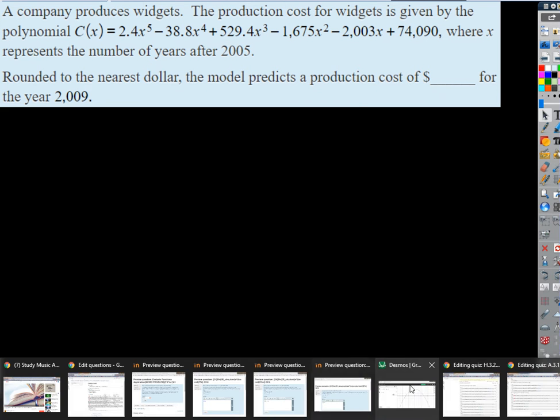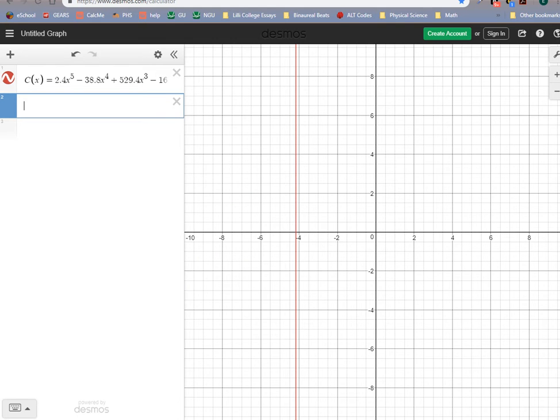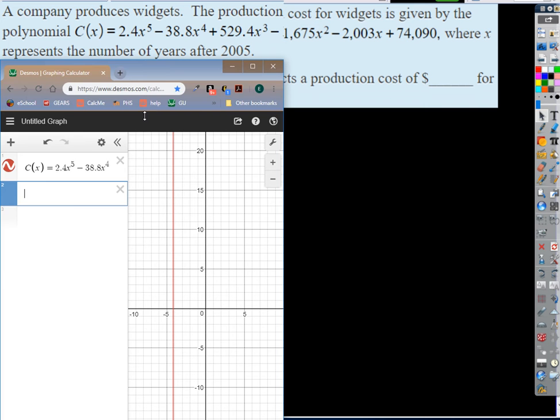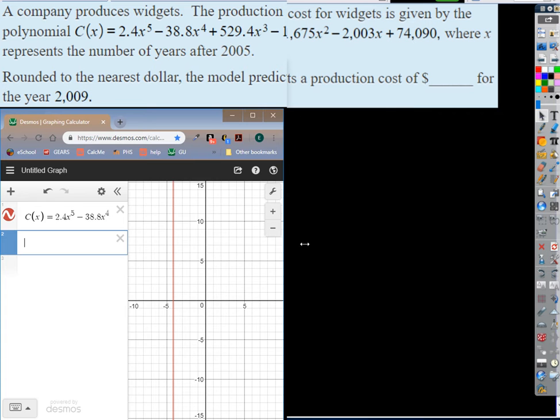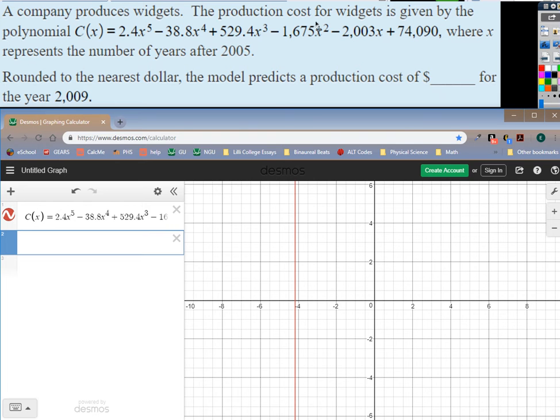For example, on this one, where is that? Right there. Okay. So all we're going to do on a problem like this, where they're asking us, if you read through this, they give us some model. Production cost for widgets is given by the polynomial here.